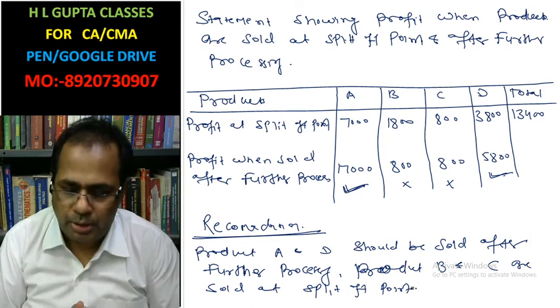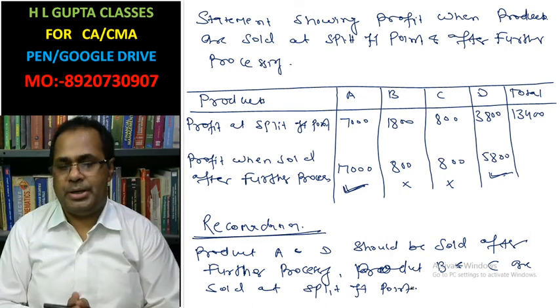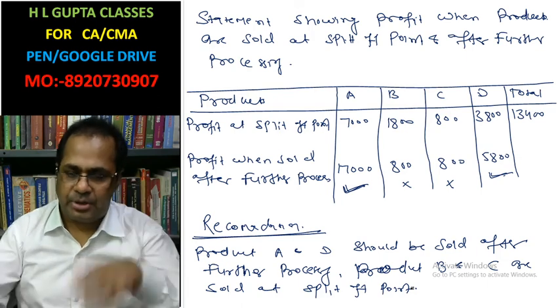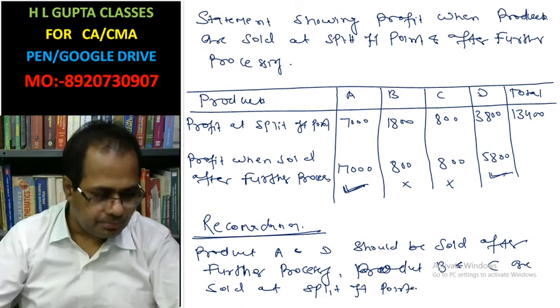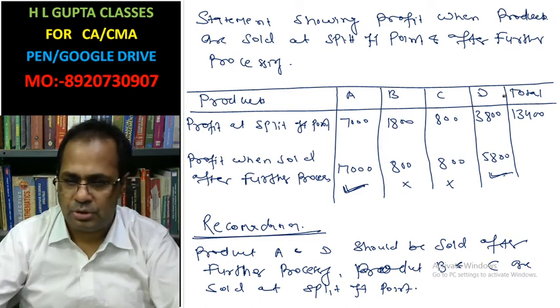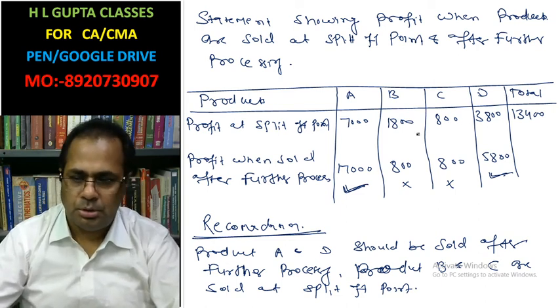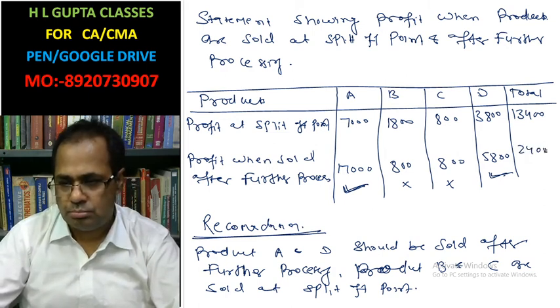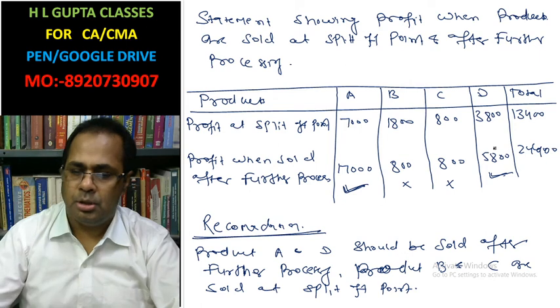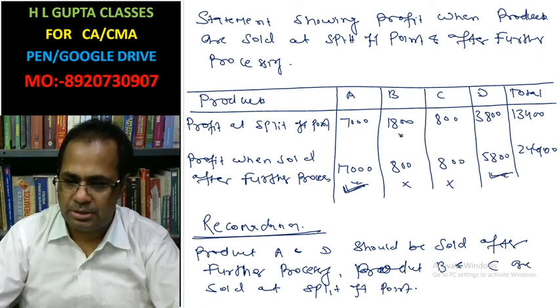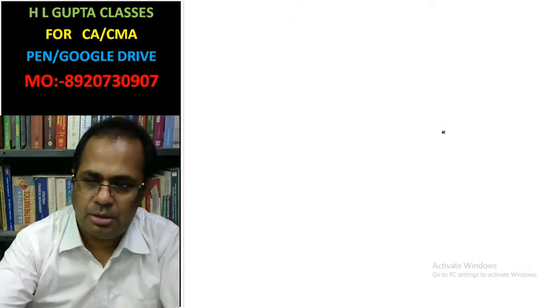Okay. Now, what will be the profit after recommendation? The profit after recommendation, the higher one is taken. Profit after recommendation, this is 24,000. This is 24,400. The higher one is taken. This one is taken. 800 is taken.